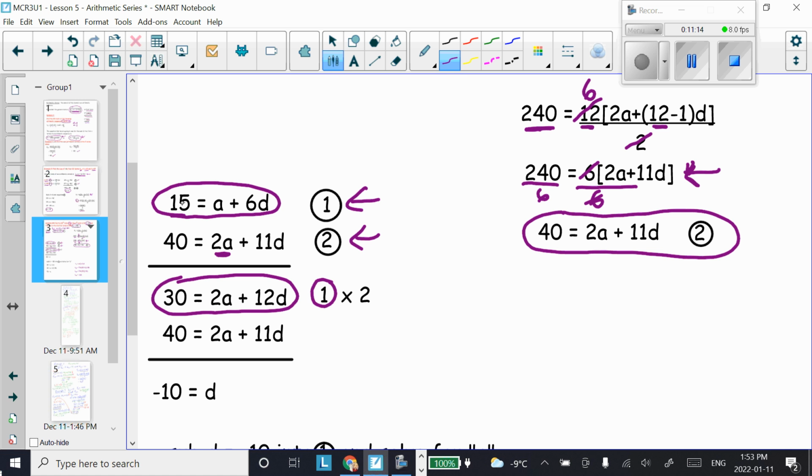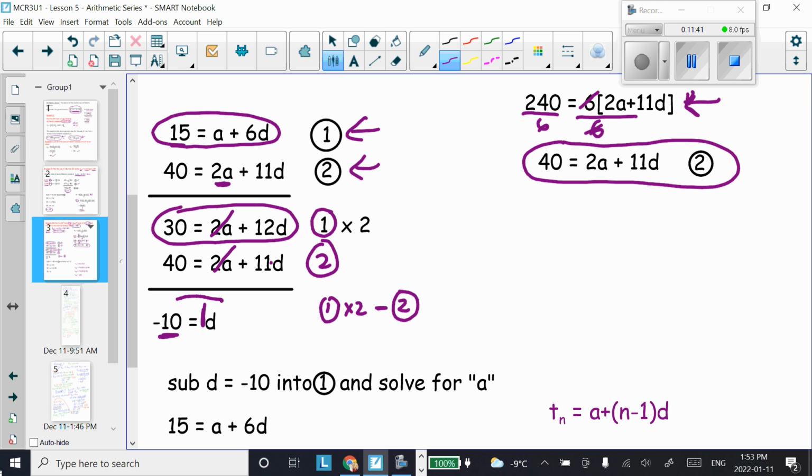I multiplied the 15 by 2, the a by 2, and also the 6d by 2. The second equation I just rewrote underneath, and now I can subtract those two equations. So equation 1 times 2, minus equation 2. 30 minus 40 is negative 10. The 2a terms are going to cancel, and 12 minus 11 is 1. So we have 1d is equal to negative 10.